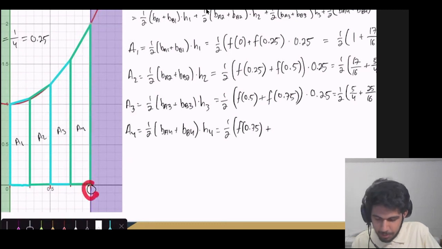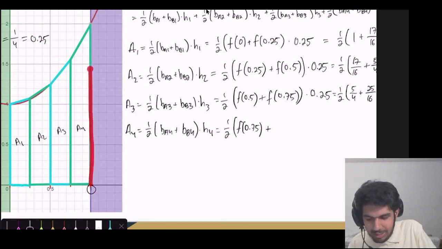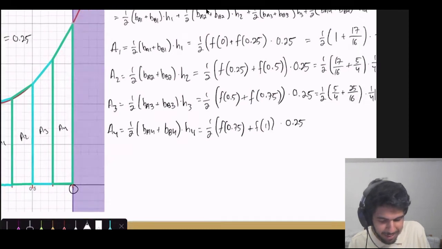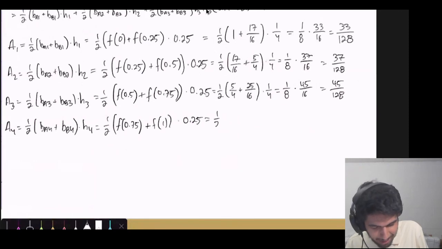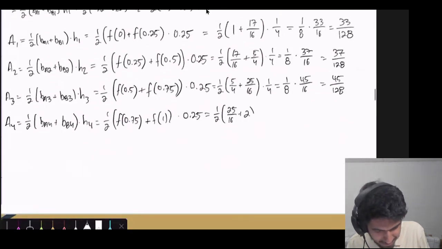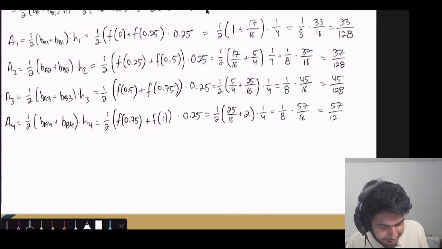We traced up from 1, so that height is determined by f of 1. So f of 1 times 0.25: 1/2 times 25 over 16 plus 2, times 1/4. This is equal to 1/8 times 57 over 16. That's equal to 57 over 128.